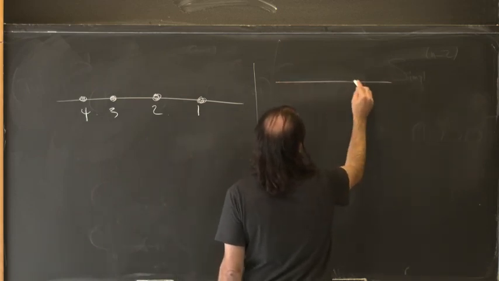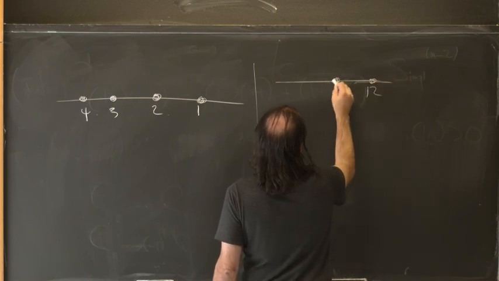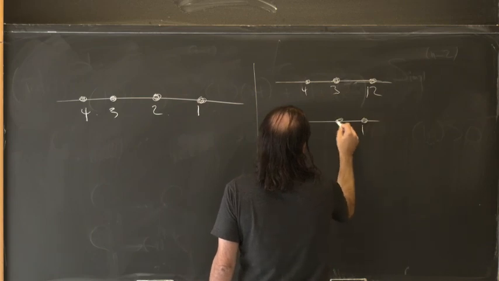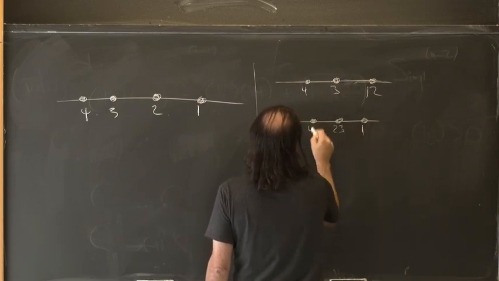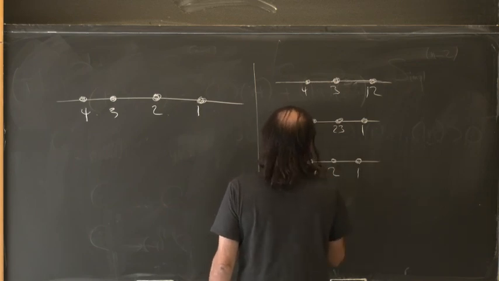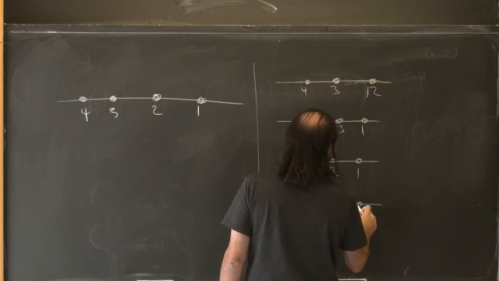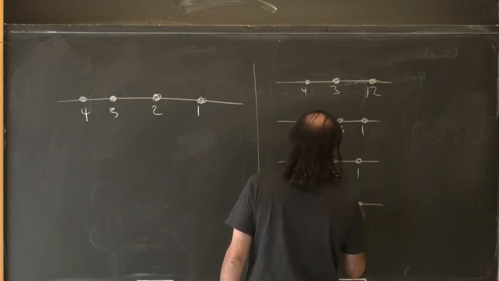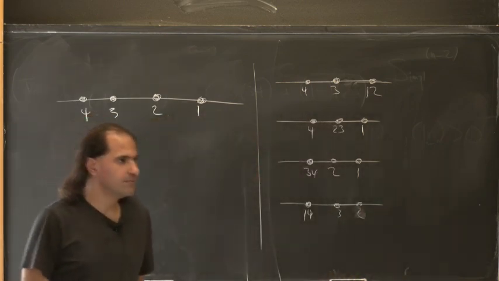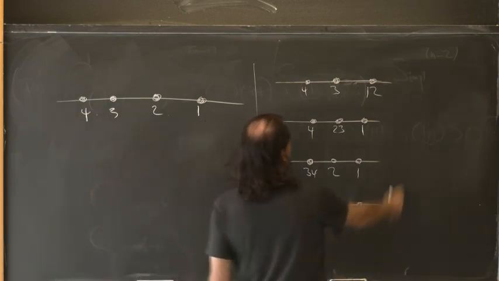They can look like 1 on top of 2, and then 3, 4; 1, 2 on top of 3 and 4; 1, 2, 3 on top of 4; and then we have 2, 3, 4 on top of 1. Okay? So these are the codimension 1 boundaries.